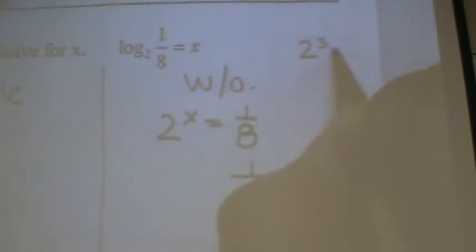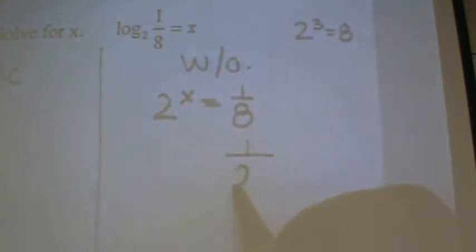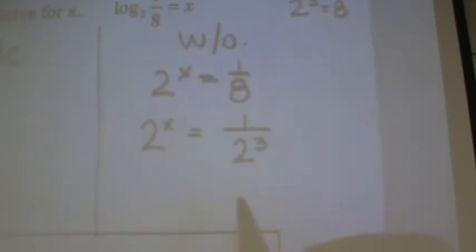Isn't 2 to the 3rd power 8? Okay, well, this is good, but this is in the wrong spot. It needs to be in the numerator. How do I bring it up here? What does it become? 2 to the negative 3. And now see how these bases are the same? What's your answer? Negative 3.